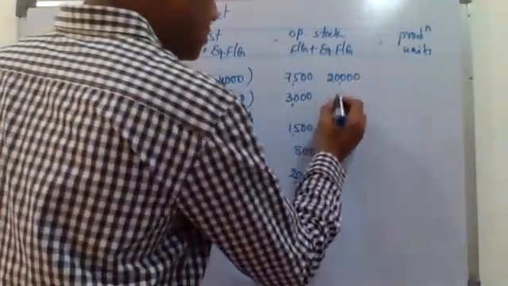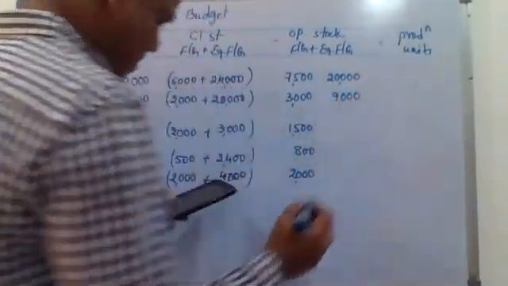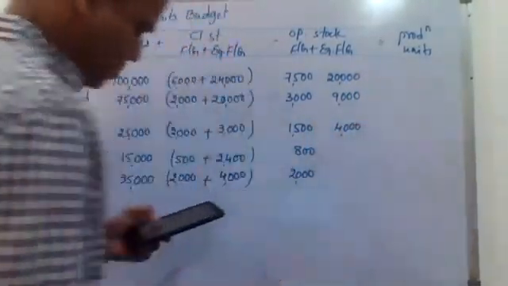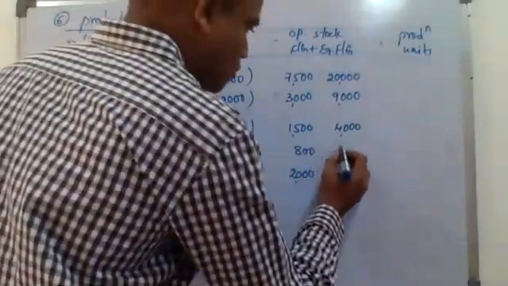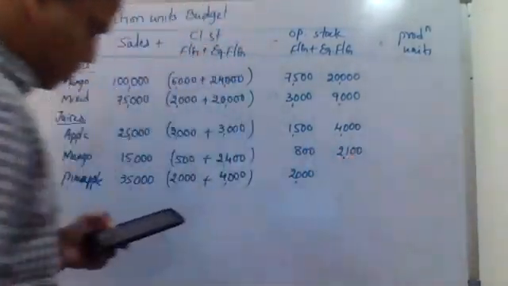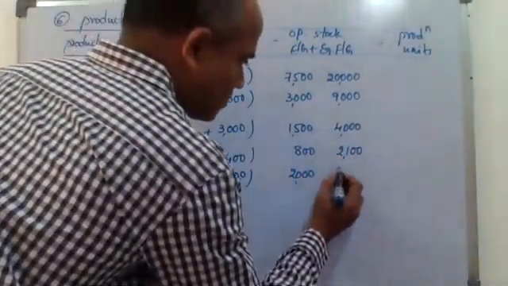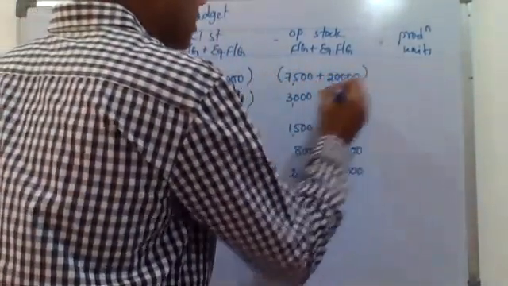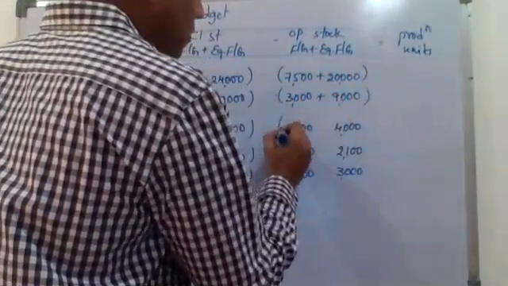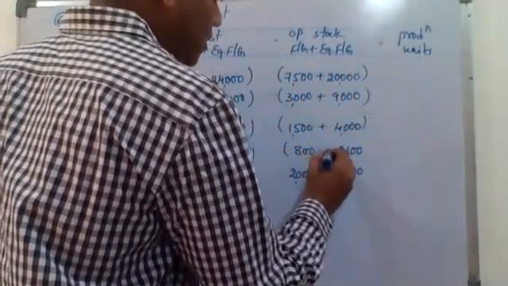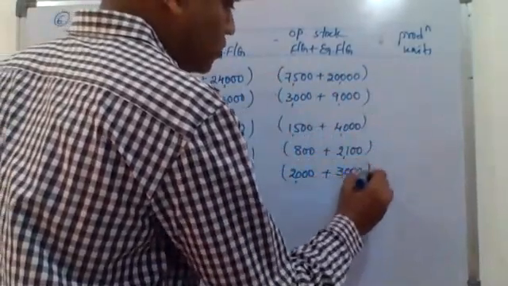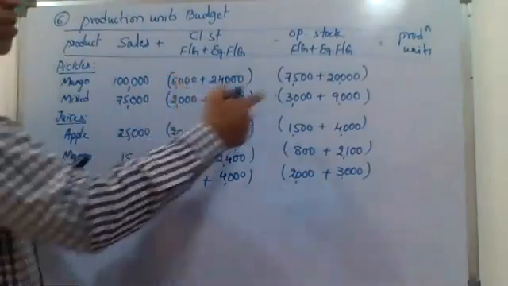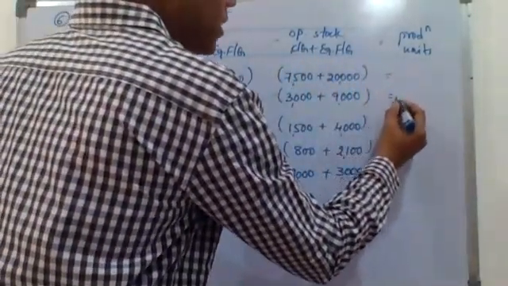Then it is 9,000. Then it is 4,000. Then it is 2,100. Then it is 3,000. So this is entirely my opening stock. I hope you have understood. So what you have to do, sales plus this total minus this total gives you your answers.